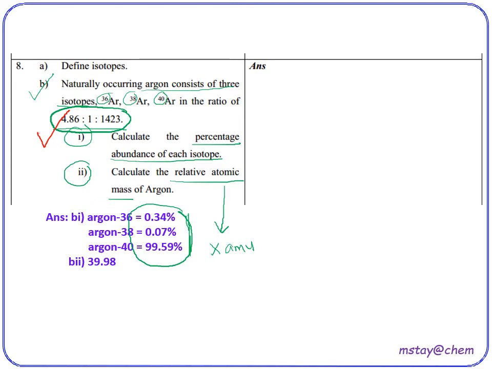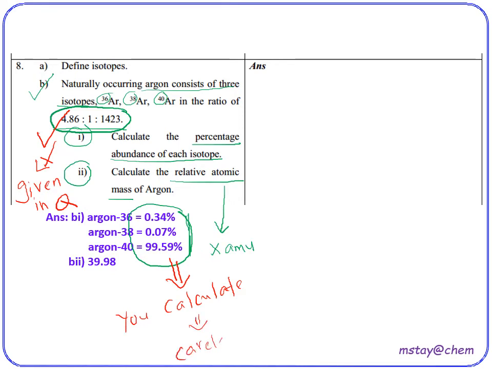Because this one is given in the question, and this one you have to calculate. I'm afraid that when you do the calculation, you may make some careless mistake. But if you are given this and you substitute it wrongly, it is also a careless mistake. So it depends on you how you are going to do it.